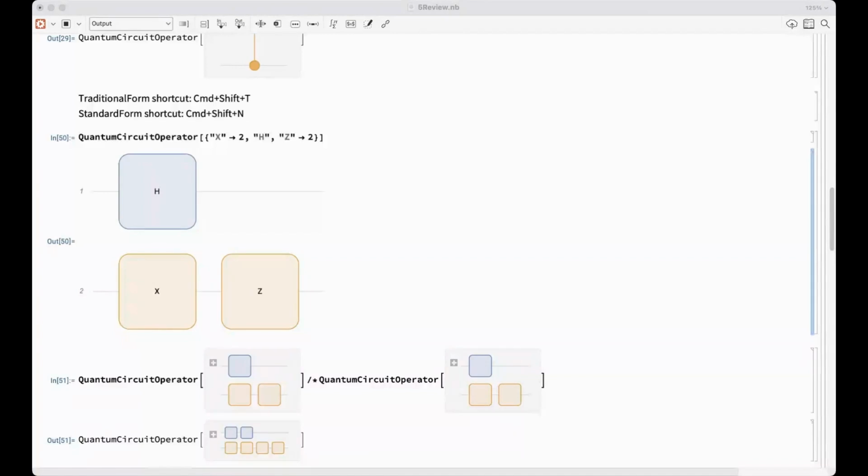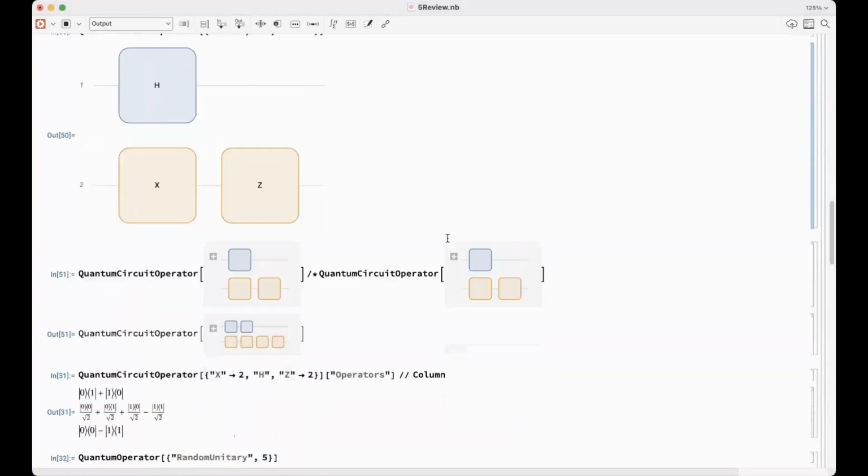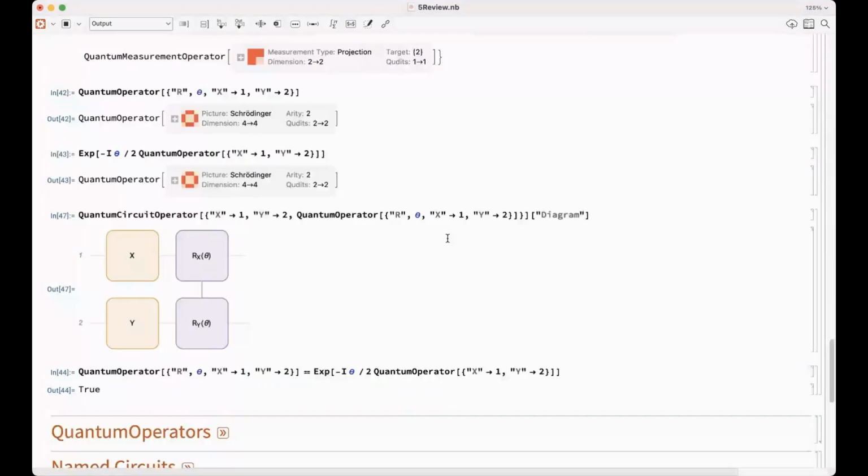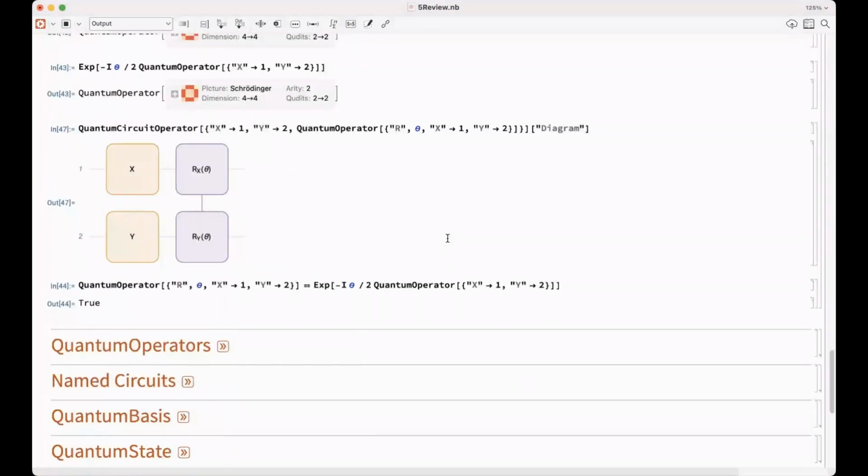You remember we said there are two motivations to have the quantum circuit operator. If the quantum circuit operator is only a composition of operators, fundamentally you could say, okay, so what's the point? It's just a very nice, beautiful diagram, but is there more to that? And the answer is yes.